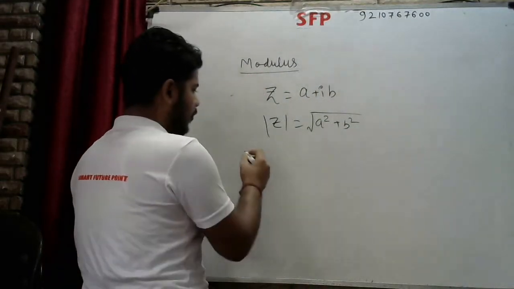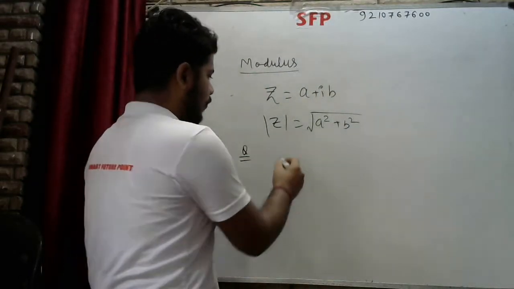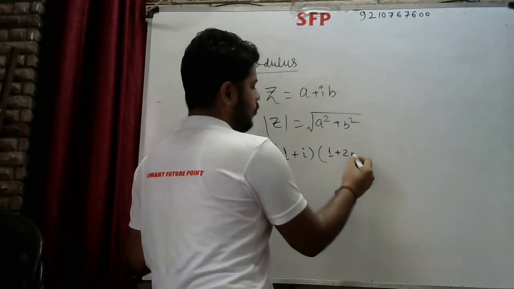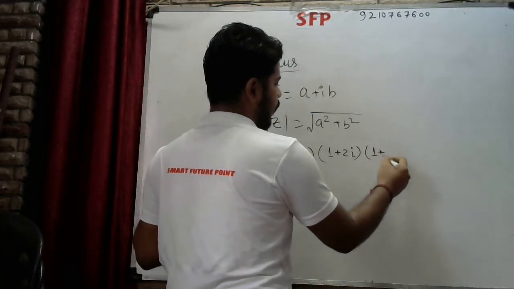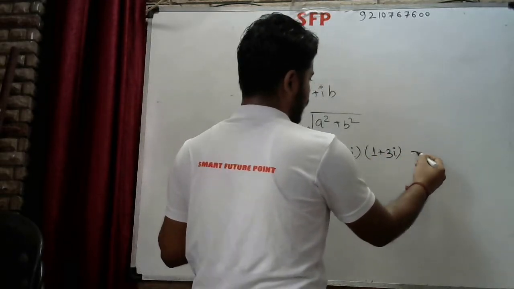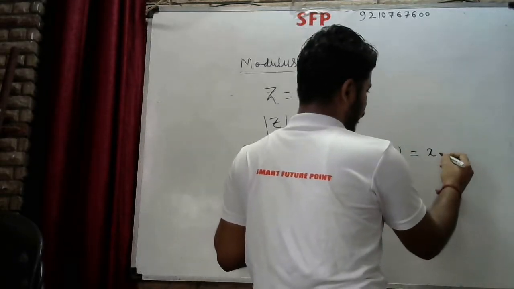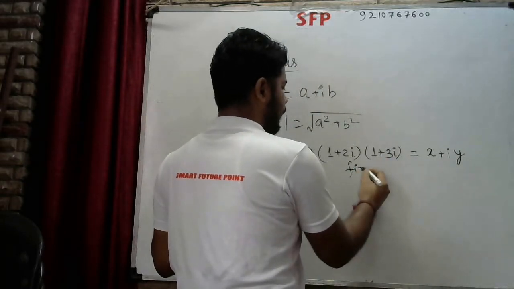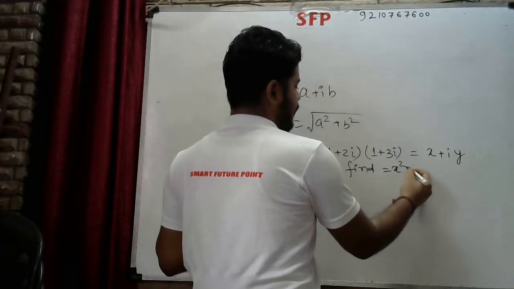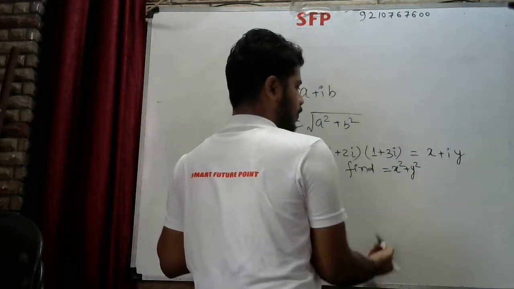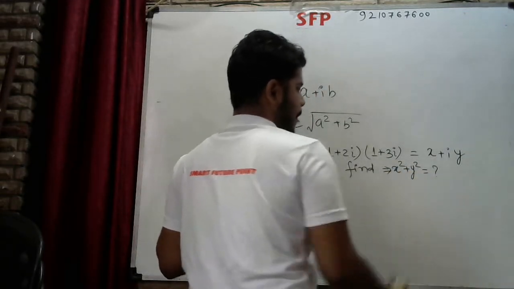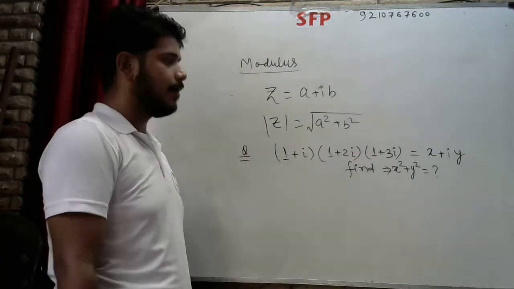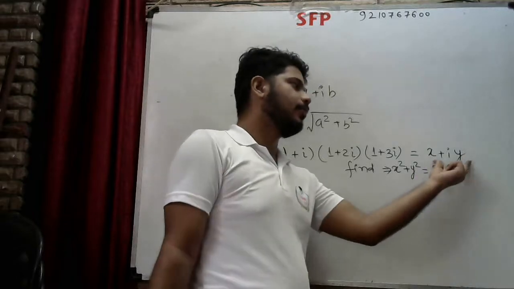Fine. I'm going to take a question. Suppose (1 plus iota)(1 plus 2 iota)(1 plus 3 iota) is equal to x plus iota y. And the question is, find x square plus y square. Fine. How can we solve it? Just give it a try. Can I take the modulus to get this?